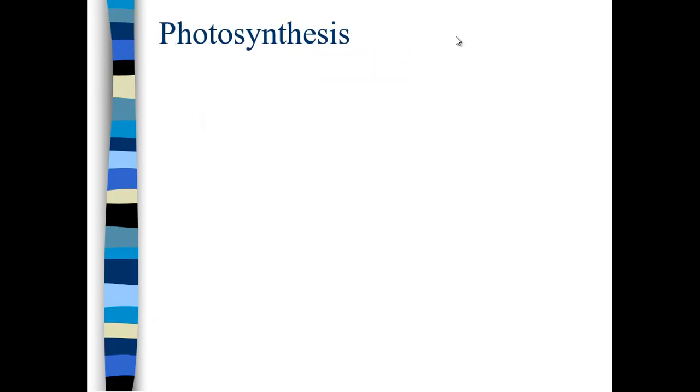Now, the other major process that we focus in on in Chapter 8 is photosynthesis. Photosynthesis is the generation of glucose as an energy source from sunlight. What is required for photosynthesis is the formation of a carbon energy source like glucose, and it has to be converted from sunlight.